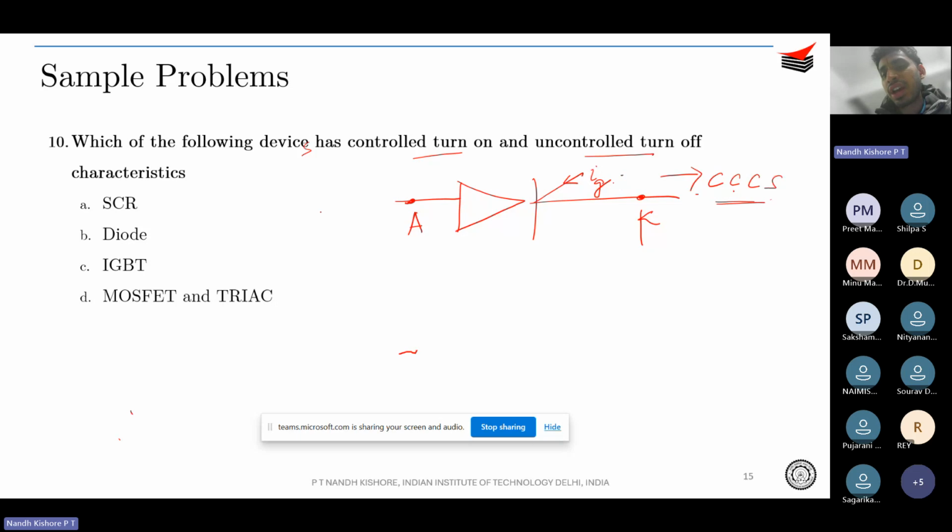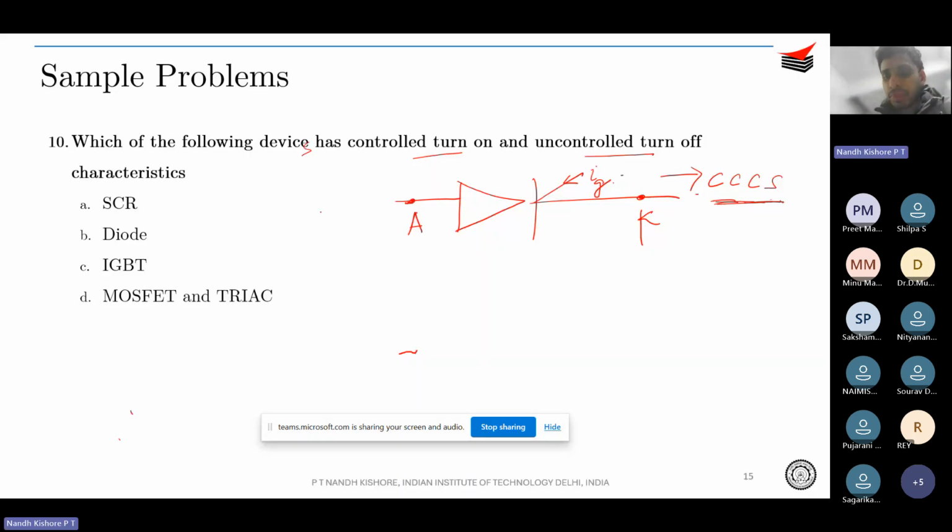Why current controlled? You have a gate current. You cannot apply a gate voltage; you need to push some gate current. So it is current controlled, and it's a current source.